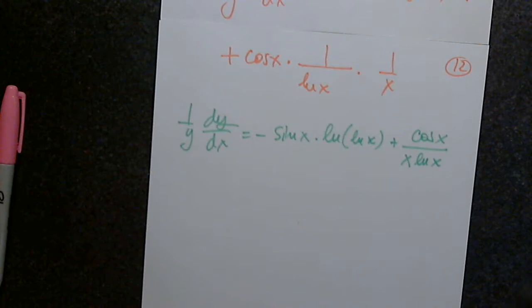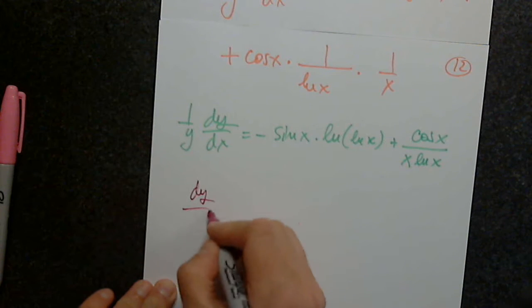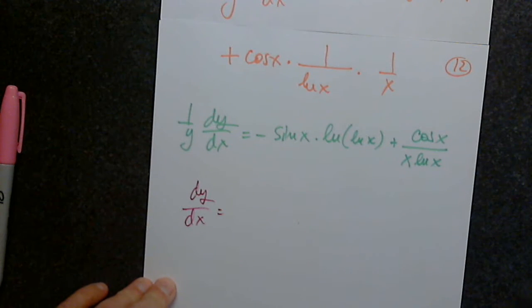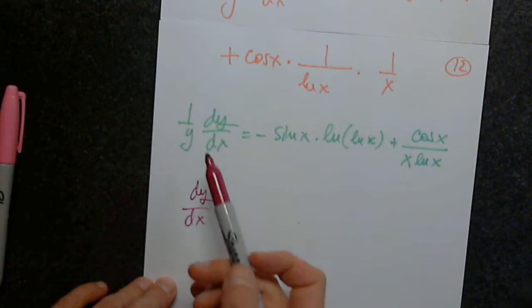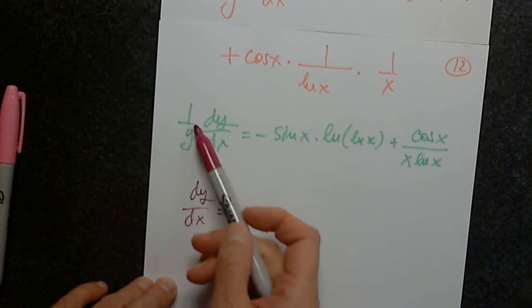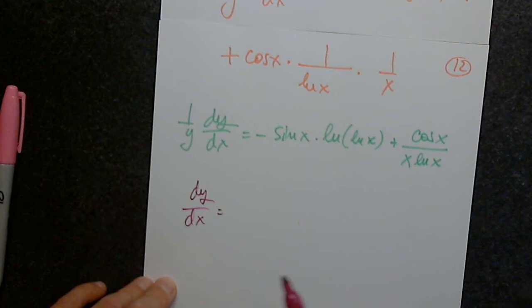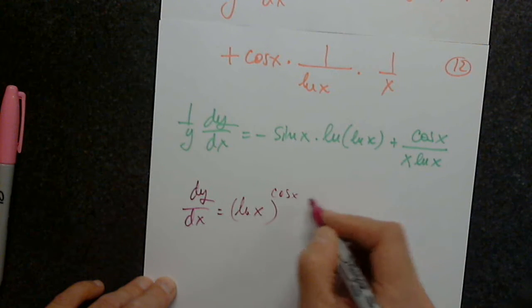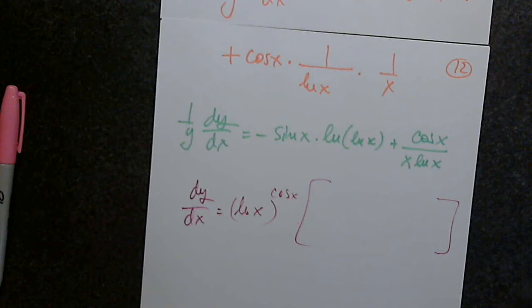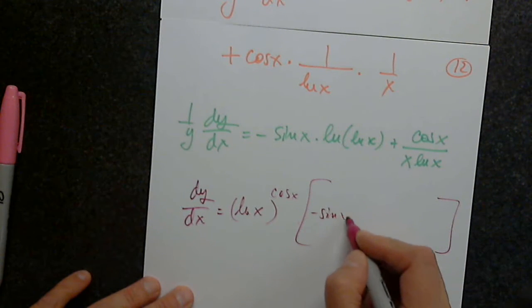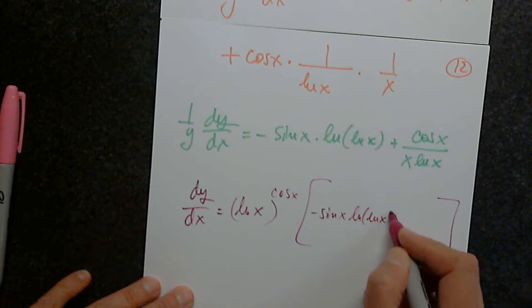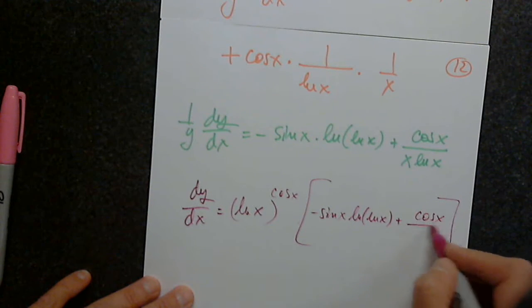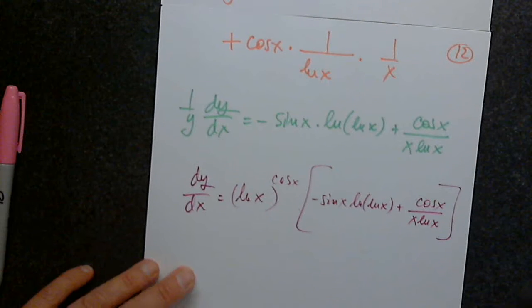Final step towards finding dy over dx. Yeah, so I multiply by this, both sides, but instead of just writing y, I will copy natural log x raised to cosine x, and then I put everything else in brackets. So as negative sine x, natural log of natural log x plus cosine x over x natural log x.